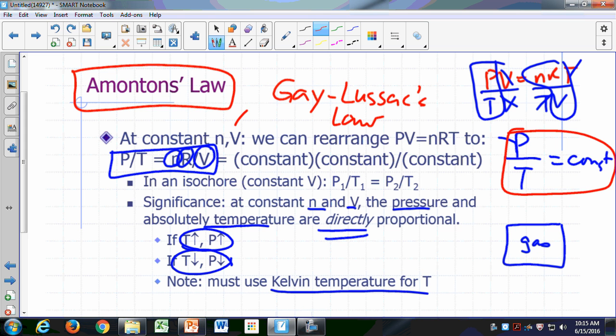There are probably more textbooks that call it Gay-Lussac's law than Amontons' Law, but I've read the arguments about calling it Amontons' Law, and I kind of agree with them, based on historical accounts. But just be aware, depending on the textbook you're using, you might see this referred to as Gay-Lussac's Law.